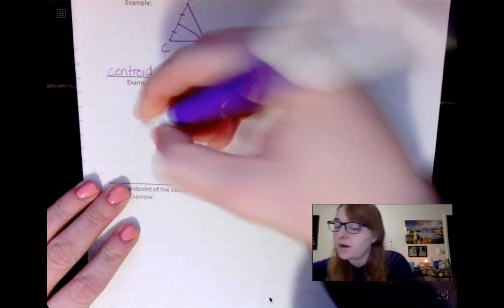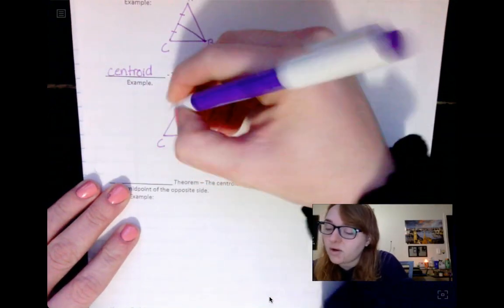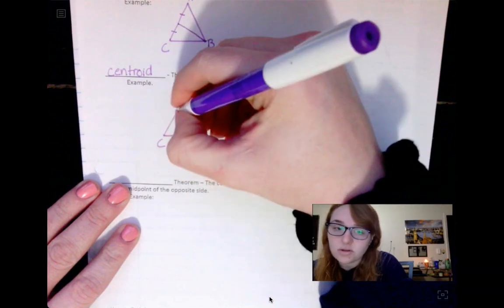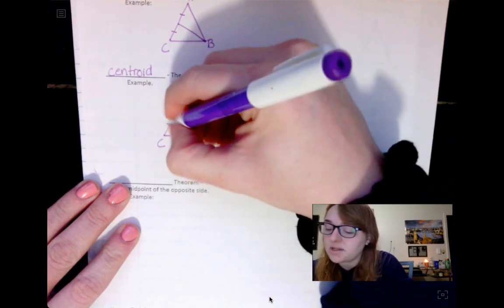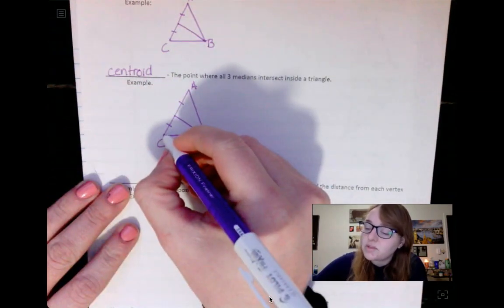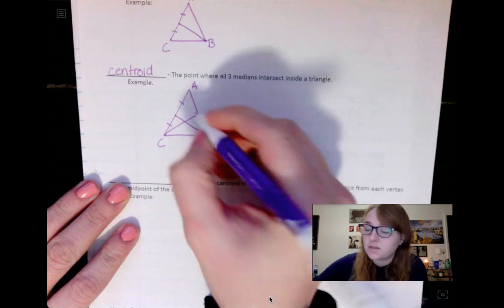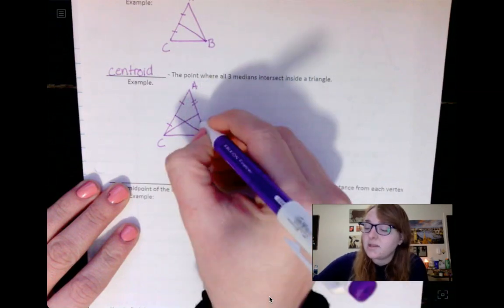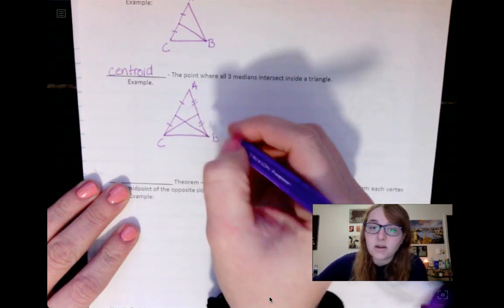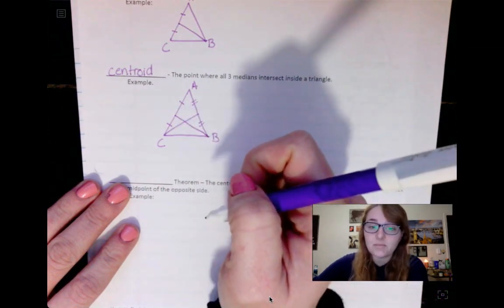We already had one median starting at the vertex B, cutting across and having A to this mystery point and this mystery point to C congruent, these two sides congruent. Okay, so now let's do one for C. It starts at C, it's going to cut across the triangle and cut AB into two congruent pieces. I'm going to give these tick marks because they are congruent to each other, but not congruent to these two on AC.